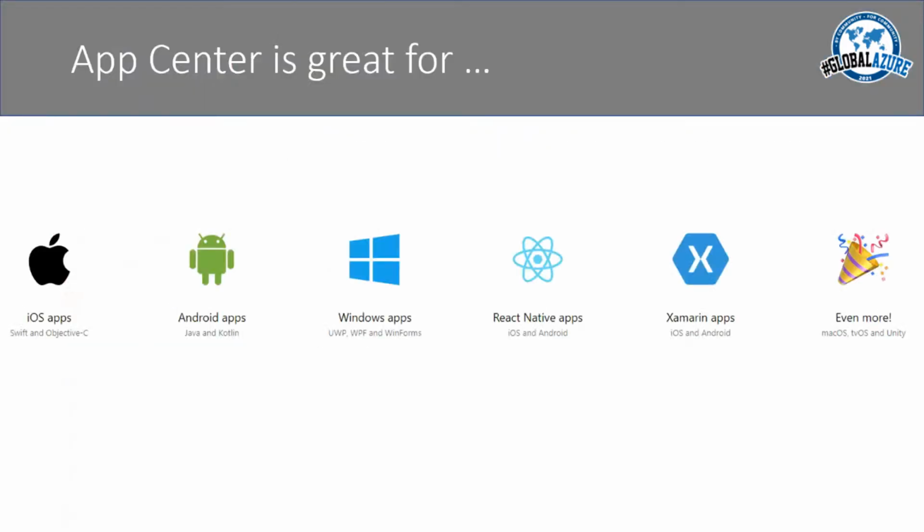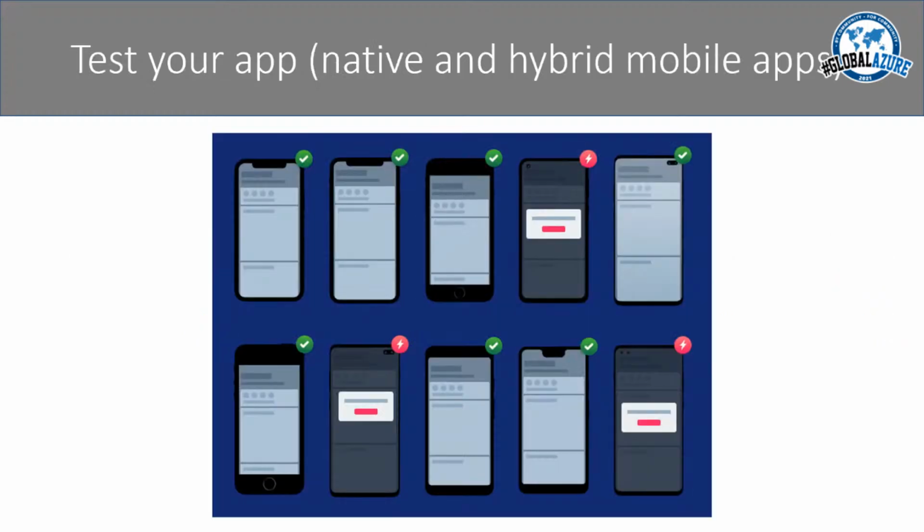So it's optimal for all kinds of applications, especially for mobile applications, and it allows you to find, for example, bugs on any device before you release your application, or to test your application with 1,000 iOS devices. This would be the formerly Xamarin Test Cloud, which is now in the App Center.